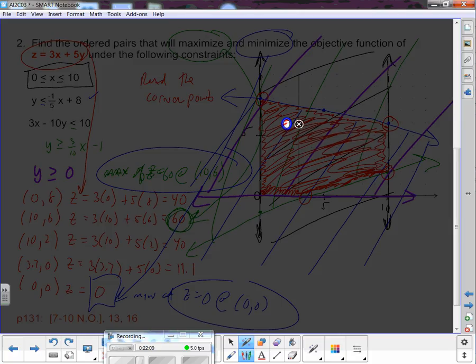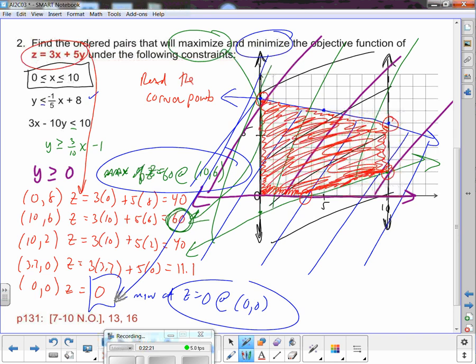Put its coordinates in the objective function, you will not get the maximum value. No way. You'll get a value, but it won't be bigger than our 60. You can try it, knock yourself out. Matter of fact, you can try any point you want. Try that point, and you won't get a maximum value. It won't happen. No other point is going to give you a higher value than our maximum point on the corner. That's the point of what we're doing.